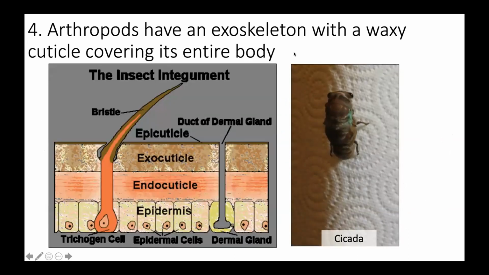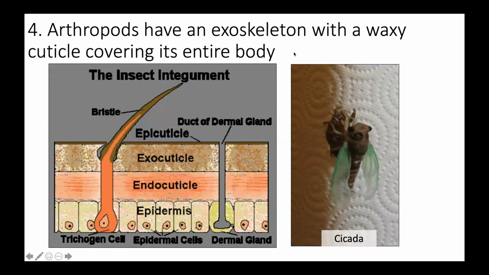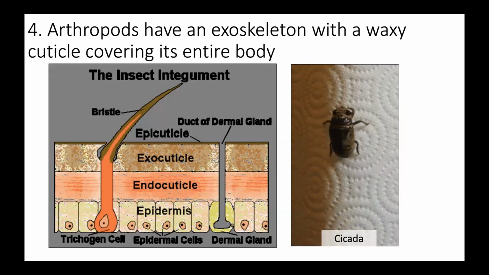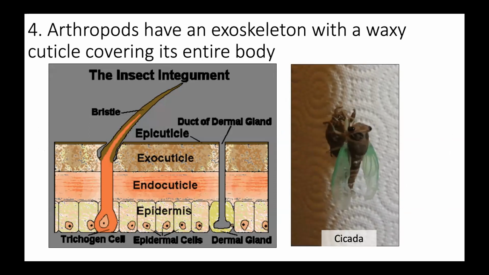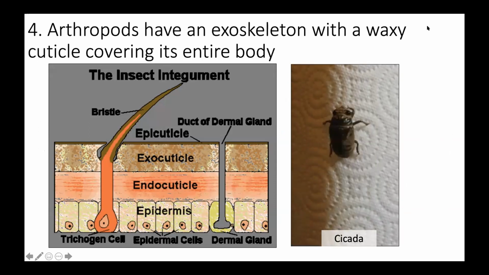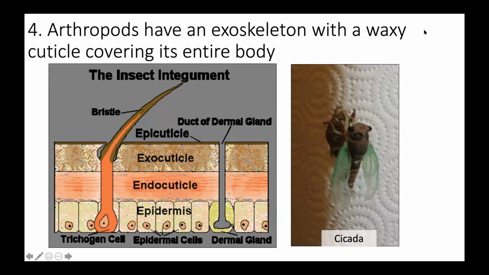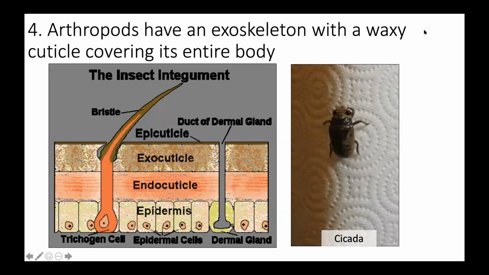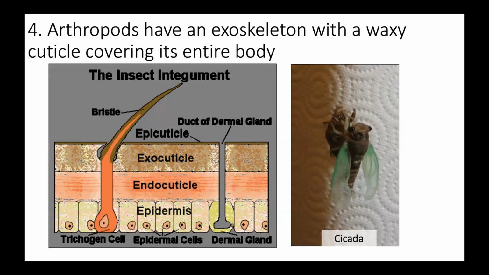Something that's a little bit different between humans and arthropods is that they have an exoskeleton. This is a wax cuticle that covers their body, and they need to shed that exocuticle, that exoskeleton, to grow and to develop. One of the common ones that we see most often, and we find those shed exoskeletons, are the cicadas.